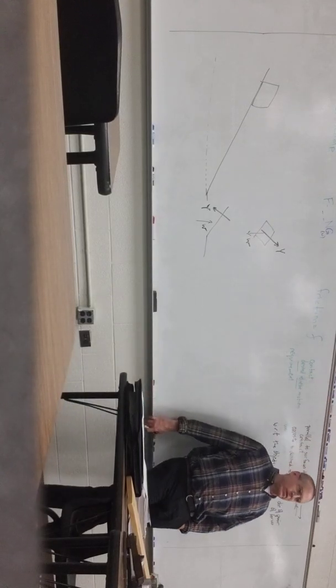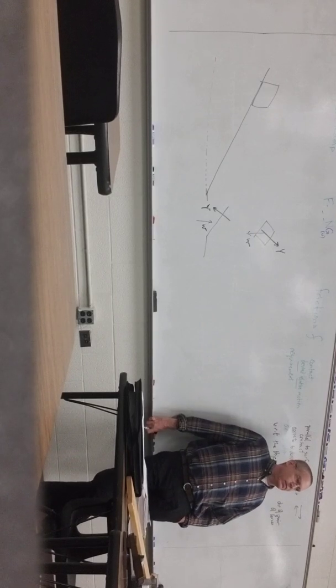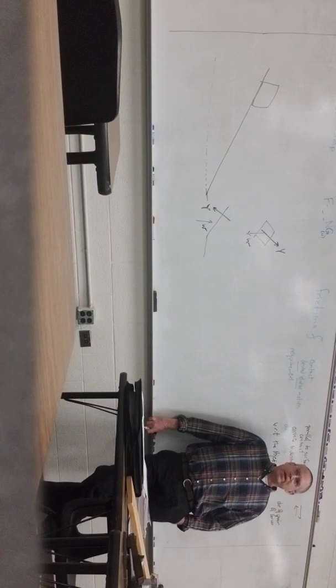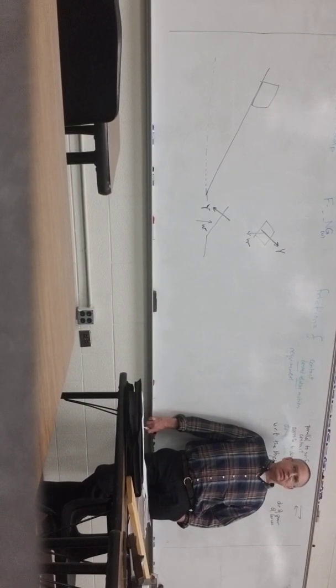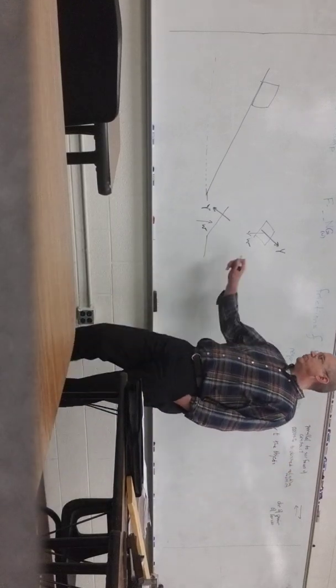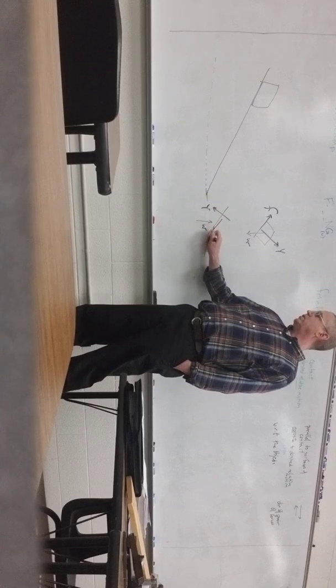And lastly, friction. If the ramp were frictionless, would the box slide? Yes. Which way would the box slide? Therefore, which way is friction acting on the box? Opposite to the relative motion. Yep. So friction is acting this way on the box and this way on the ramp.